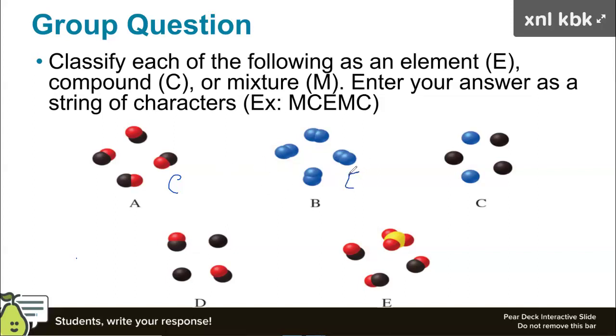This is an element. Now, you may be asking, well, how is it an element if it's got more than one atom? You've got to remember, the key word there isn't more than one atom, it's more than one type of atom. Those two atoms in that molecule are the same. And so this is an example of what we call a molecular element.